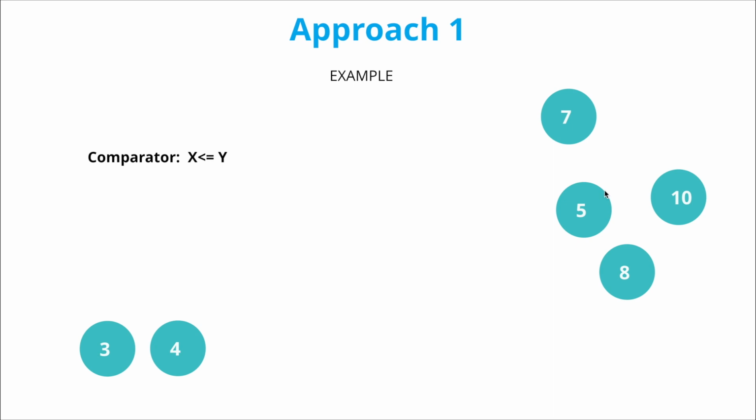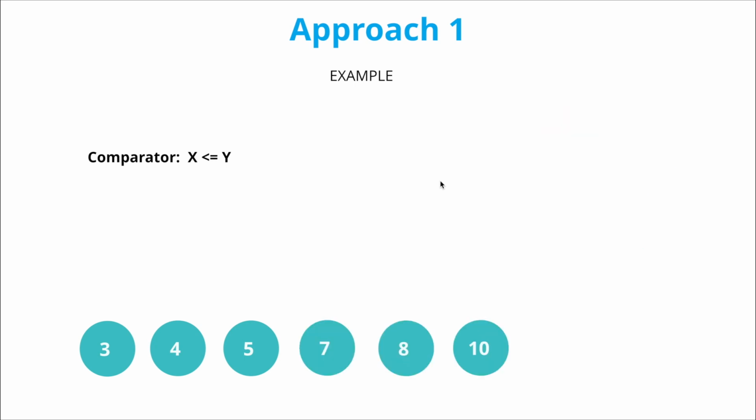So the smallest here now is 5. So if I call the next poll operation, I have 5, right? The smallest element here is 7. So I expect 7, then like that. Okay, so you can see that the comparator is x less than or equal to y, and that was why we achieved this removal in this pattern.